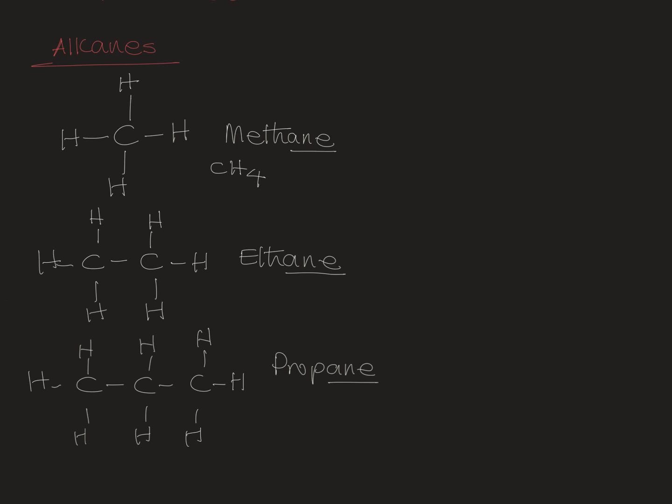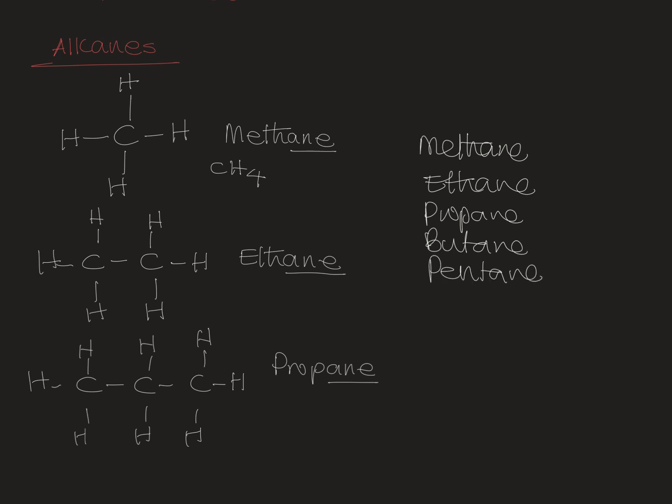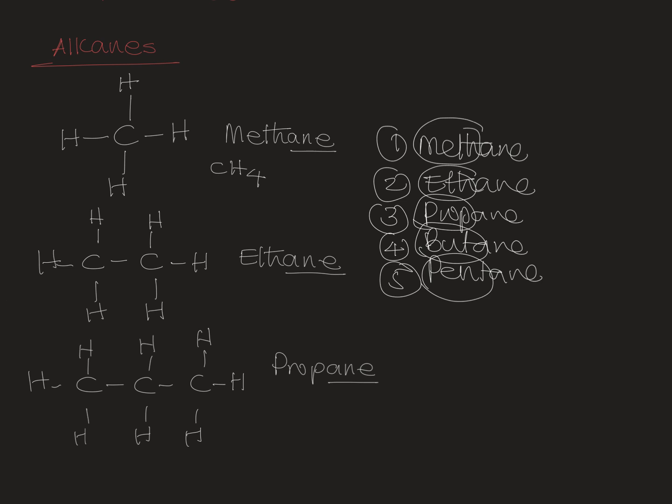If it is only one carbon it is methane, 2 carbons is ethane, 3 carbons is propane, 4 carbons is butane, 5 carbons is pentane, and so on. Now, whenever meth comes, it is 1. Eth is 2, prop is 3, but is 4, pent is 5. That is what I want you to understand about this.